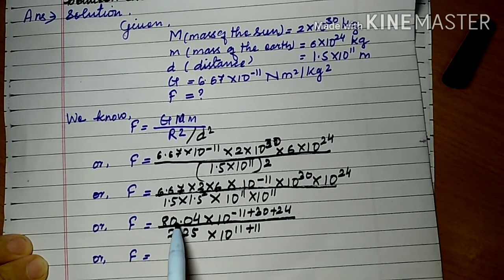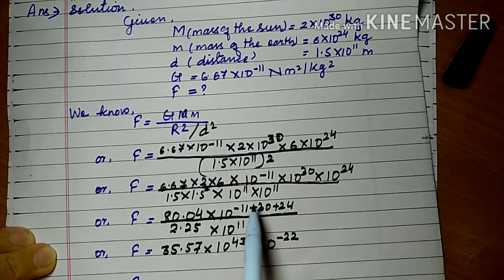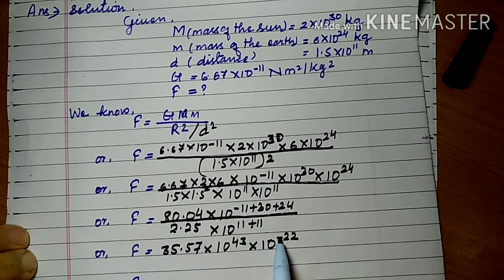Now 80.04 divided by 2.25, this division will give you 35.57, into 10 to the power minus 11 plus 30 plus 24, this is 43, and when you bring this 10 to the power 11 plus 11 to the numerator, it becomes 10 to the power minus 22, because it becomes minus inverse sign, and 11 plus 11 is 22.